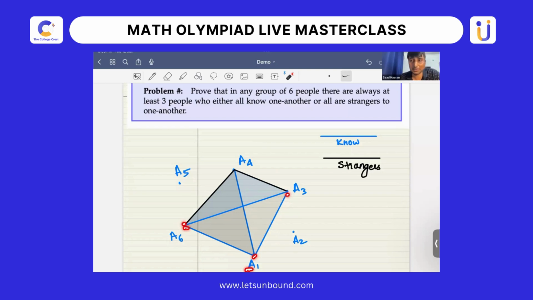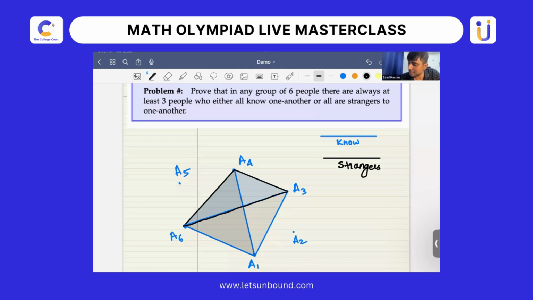And we are done with the problem, because the problem asked us to prove that there will be a group of 3 people who all know each other, or another 3 who don't know each other. In which case, you might argue that no, do not color A3 and A6 using the blue color. In fact, color them using the black color.